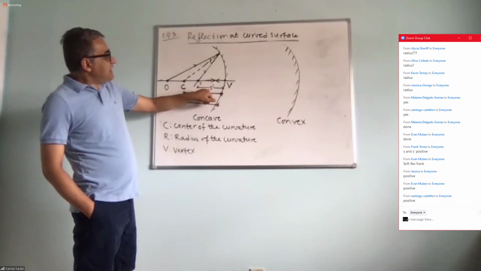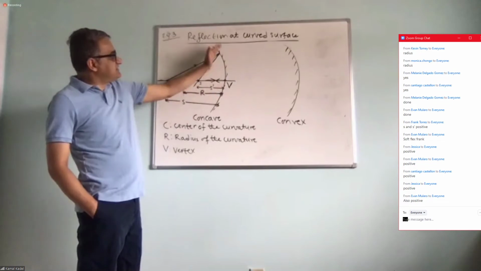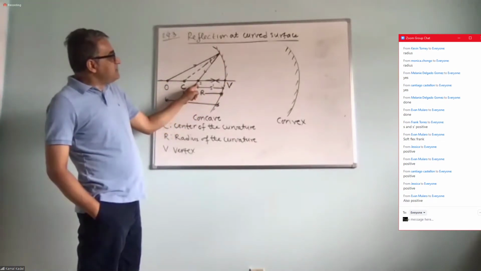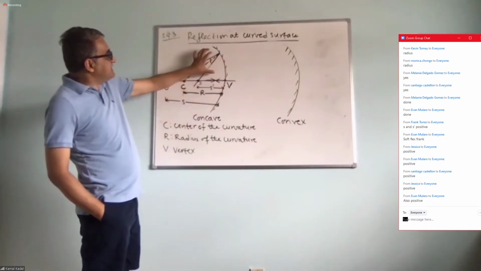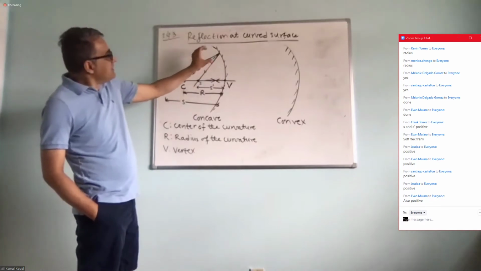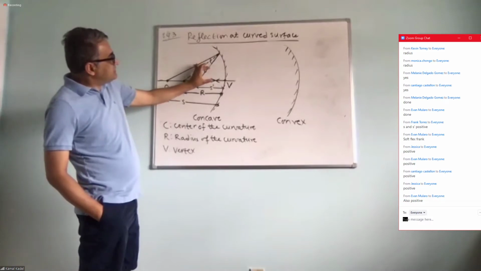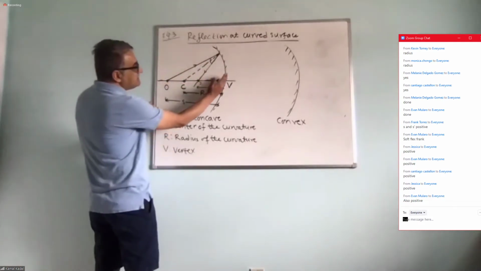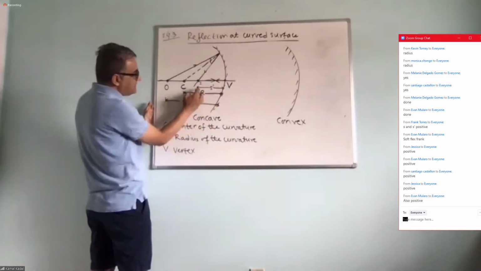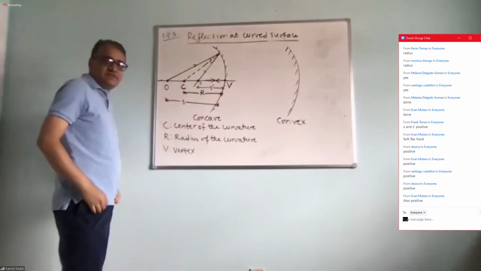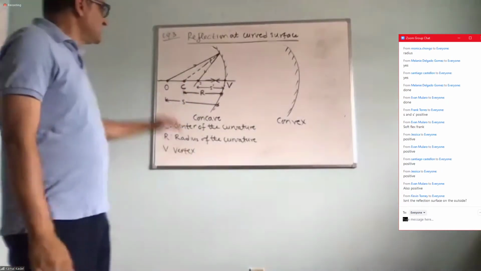Now, the S prime is on the same side. This is the reflecting surface, right? The image is on the same side as the reflected rays. Now you understand, right? So this is the reflected ray, this is the reflected ray. So these two are reflected rays, and they are on this side of this reflecting surface, and the image is also on the same side of the reflecting surface, right? So that means this is also positive.